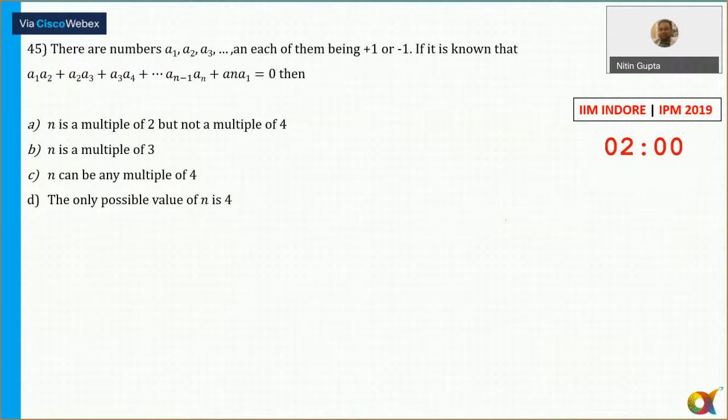Okay, let's see. Deepa is saying option C. Let's wait for the others also.